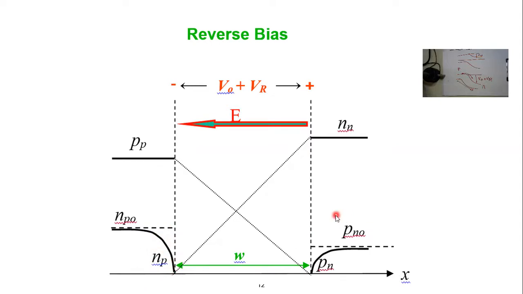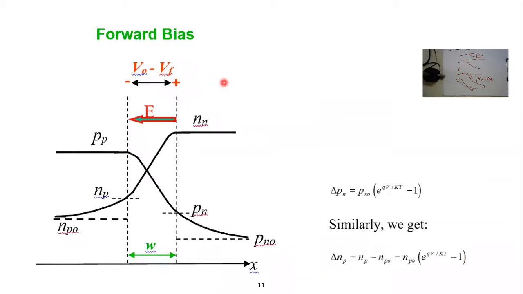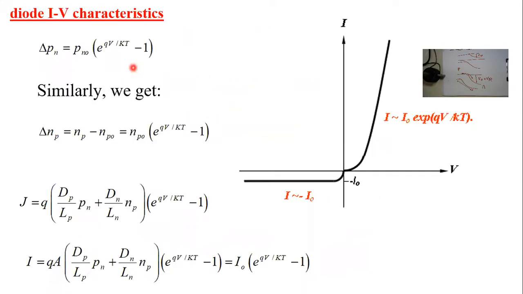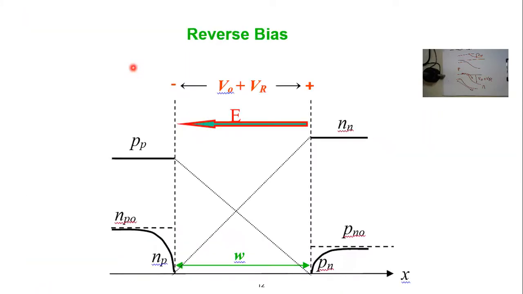Here, originally, we have this Pn node, but as these electrons go to the P side, the number of holes decreases. Again, I'm just asking you about the concept. As you can see here, V node plus VR, and in the previous slide, I think it's V node minus V. Okay, so this is generally the conditions.